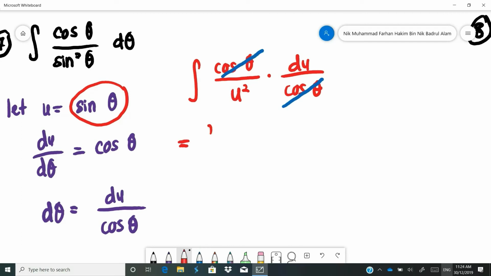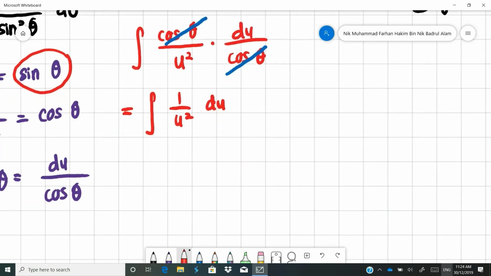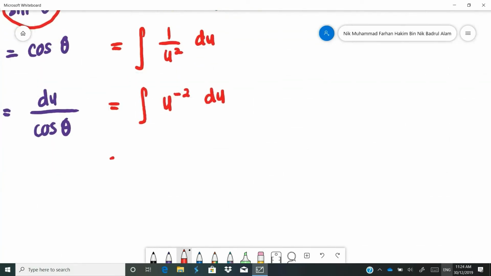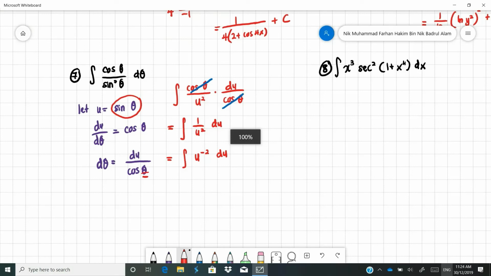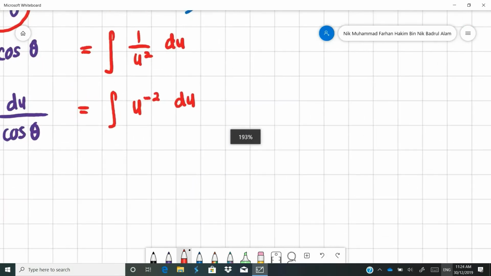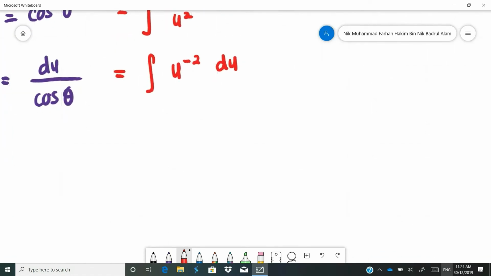So now you'll have the integral of 1 over u squared du. Some of you get confused. When you see this, you jump to the conclusion that it will become ln u squared. No, it's wrong. You have to change this into u to the power negative 2 du.